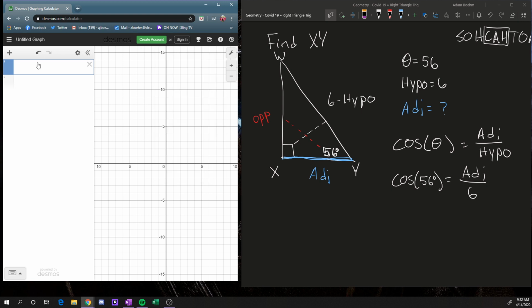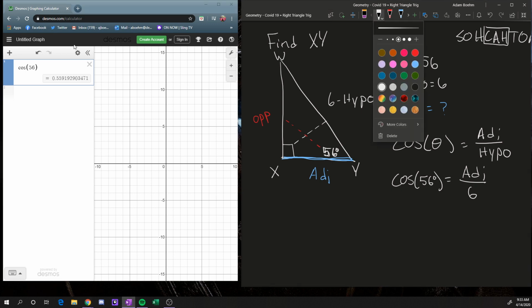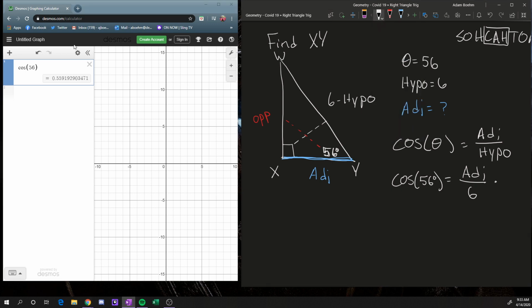Then we just type in cosine of 56, and we get a decimal. Now, in our problem, we have the adjacent over 6 is equal to cosine of 56. So first I would multiply both sides by 6, so that we get the adjacent side by itself.